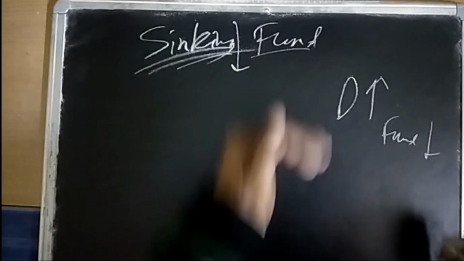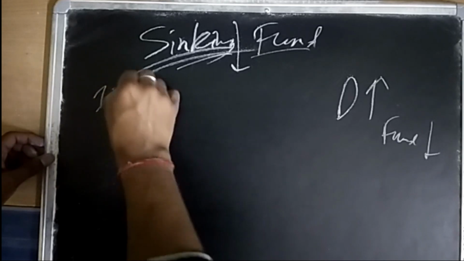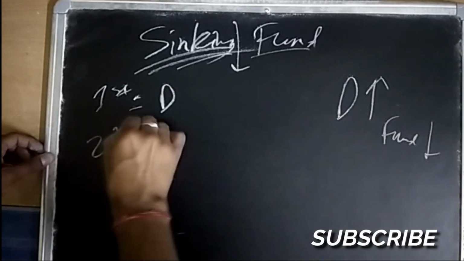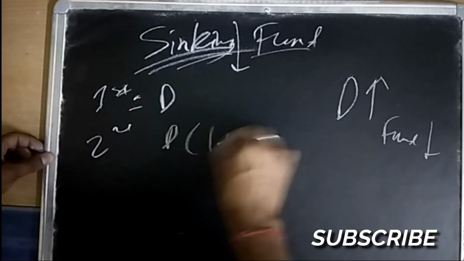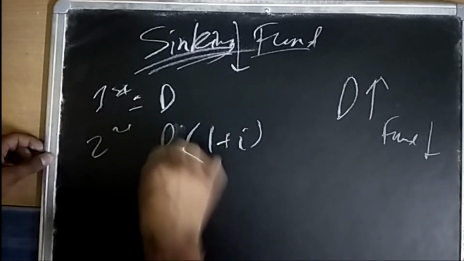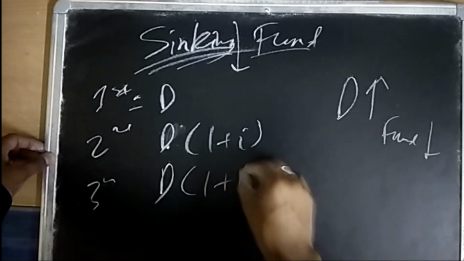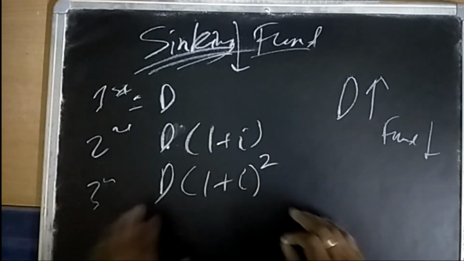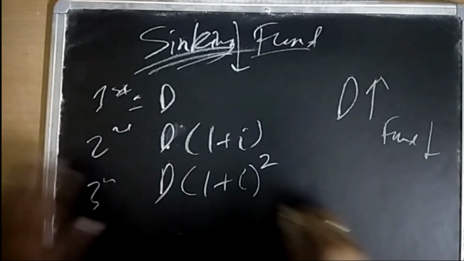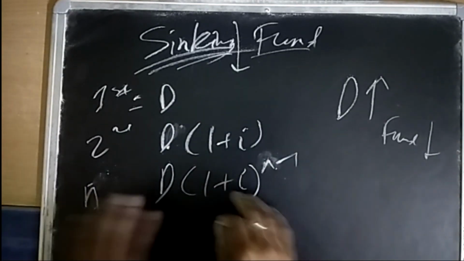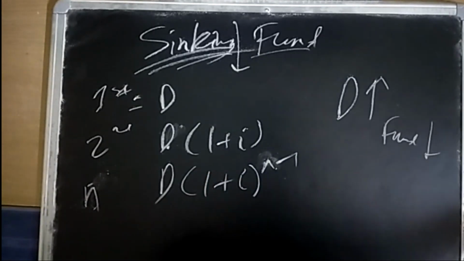So first year let's say the depreciation is D, second year the depreciation is D into (1 plus I), it is compounded, third year it is again compounded to the power 2, okay? And this way finally for the n-th year, power n minus 1. This is how your depreciation will slowly increase.